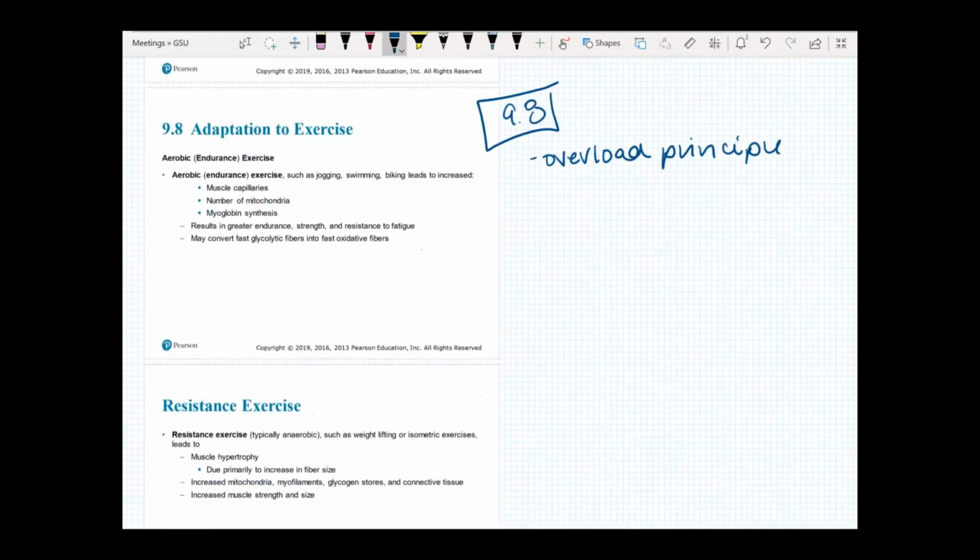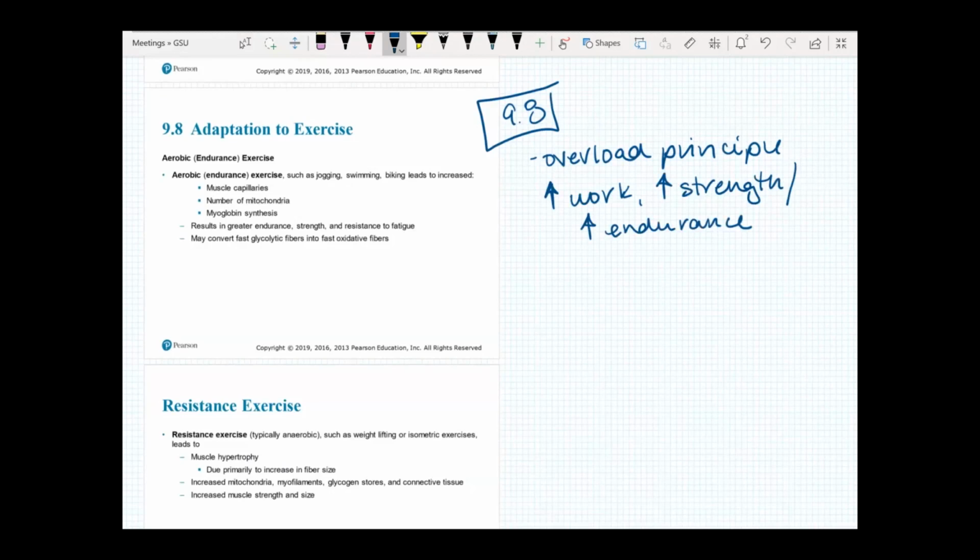If you increase the work, then you increase the strength that you're actually going to have. You increase the endurance so you can keep going, and then you must continue to increase work in order to see these goals. So this is like that overload principle.